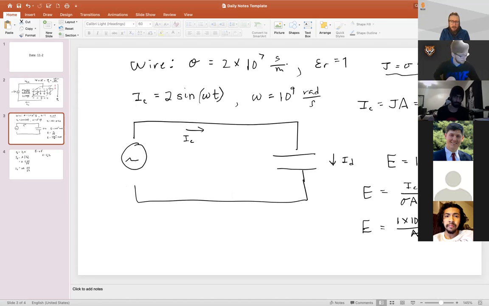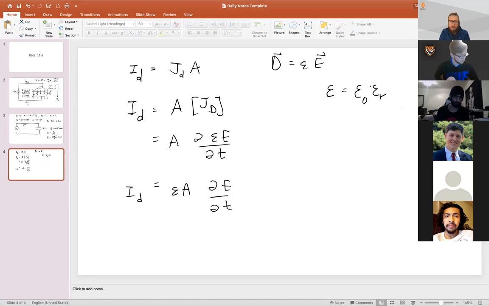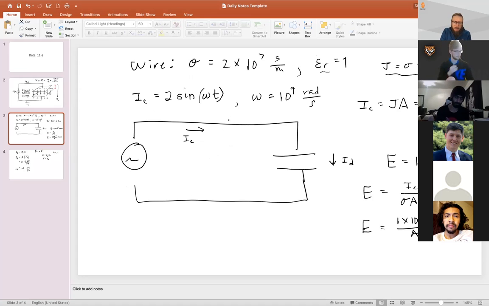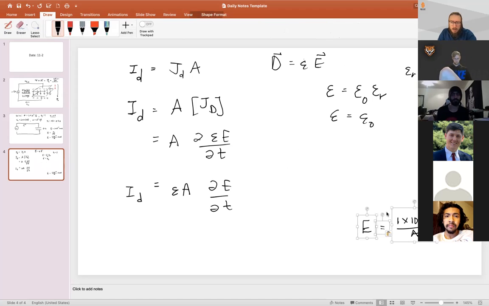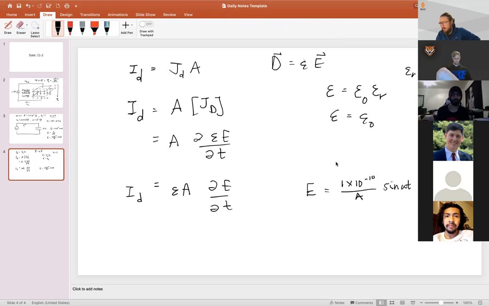And we know what that is, right, from this. So in our case, epsilon should be equal to this, because we have ER equal to 1. And then in the previous part of the problem, we found this. Would that be 10 to the negative 10 or 7?